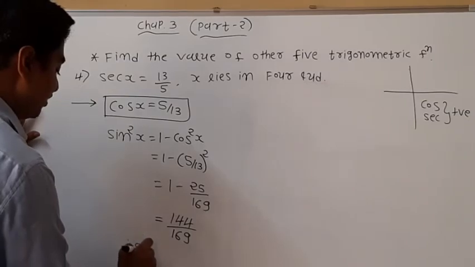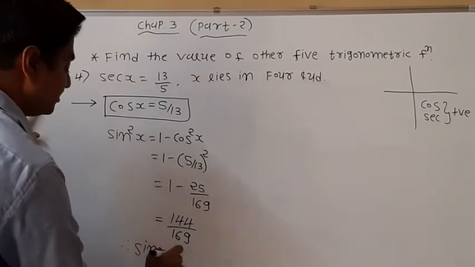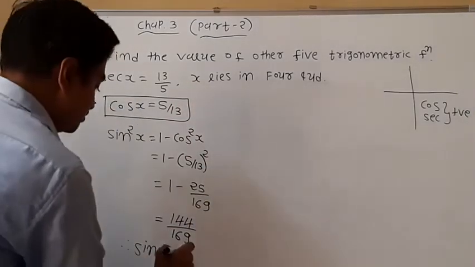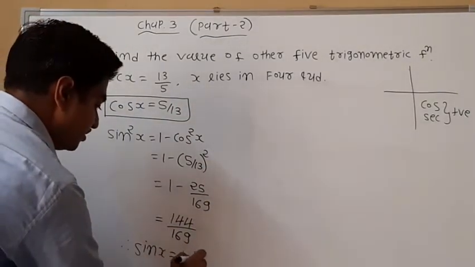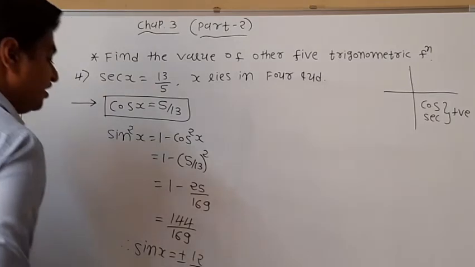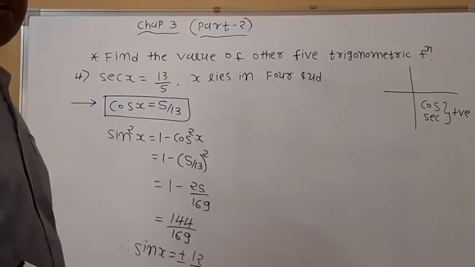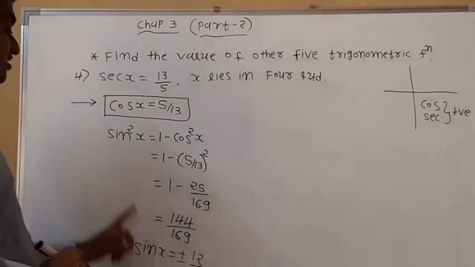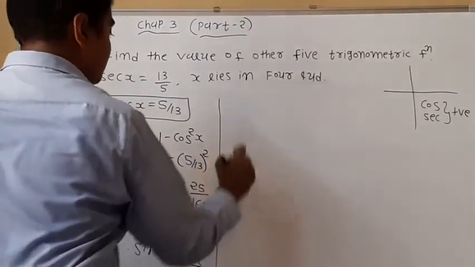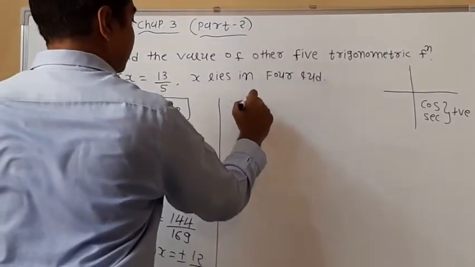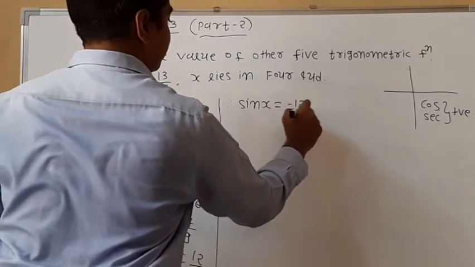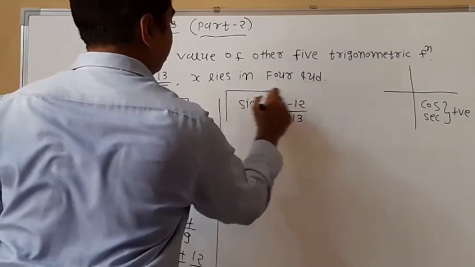Taking the square root, sin x is equal to plus or minus 12 by 13. But here the fourth quadrant is given, and in the fourth quadrant the value of sine is negative. That's why sin x is equal to minus 12 by 13.